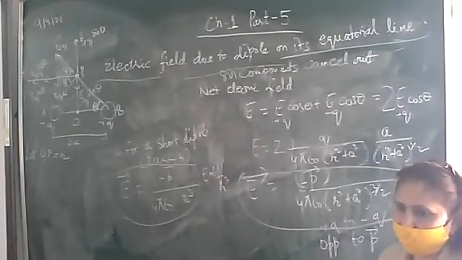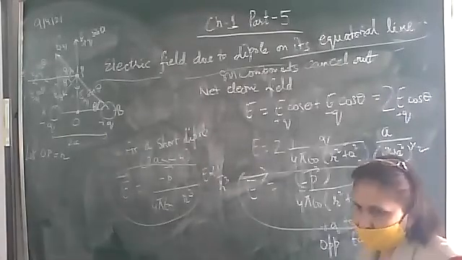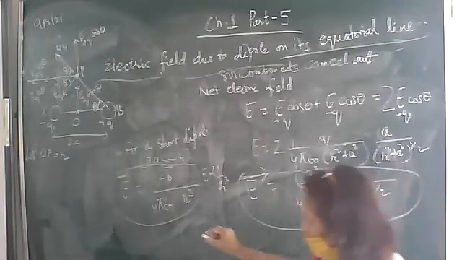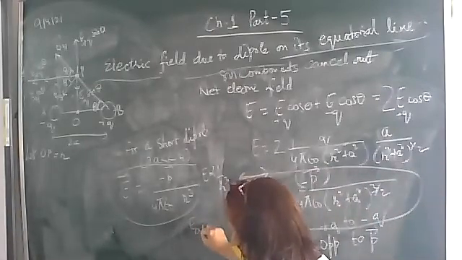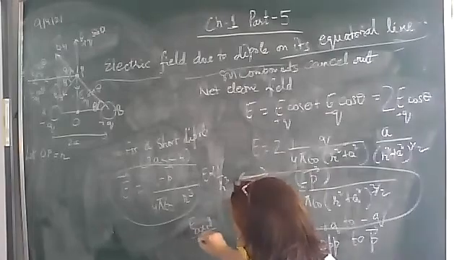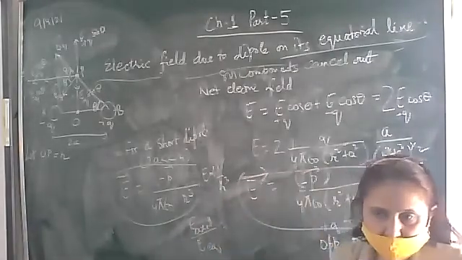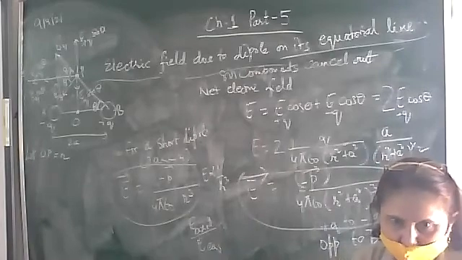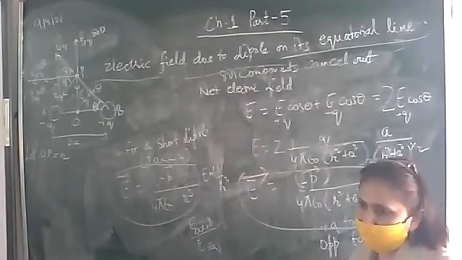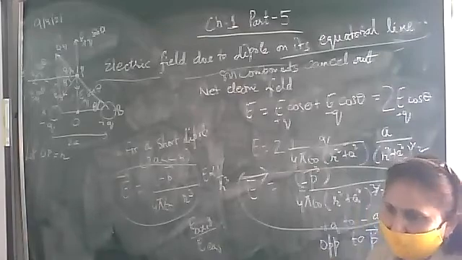Okay, if r distance is the same, what is the ratio of the electric field on the axial line to the equatorial line? Electric field on the axial line to the electric field on the equatorial line, what will be the ratio? 2:1.